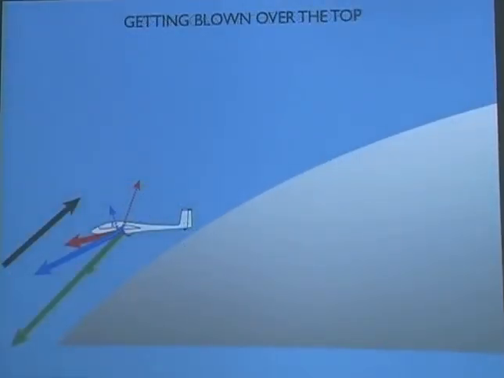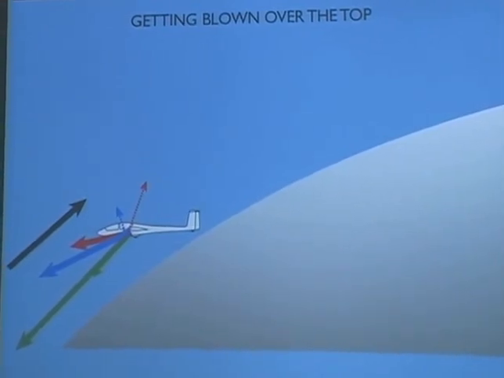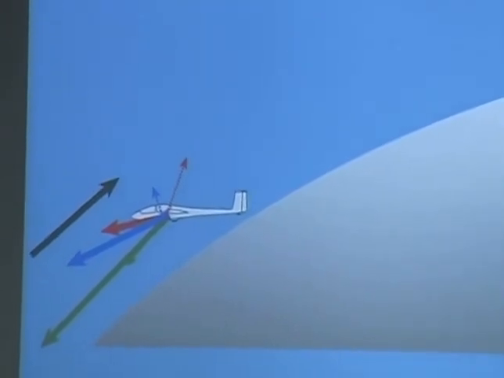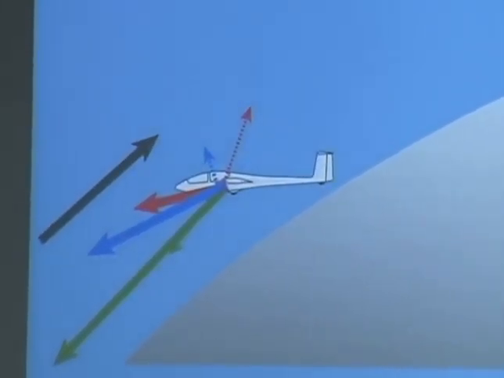Okay, now we're going to talk about some high wind stuff at altitude once you're up there safely and flying. So what I've done here is I've drawn 3 different airspeeds. You can see that's just the shape of the polar of the glider.